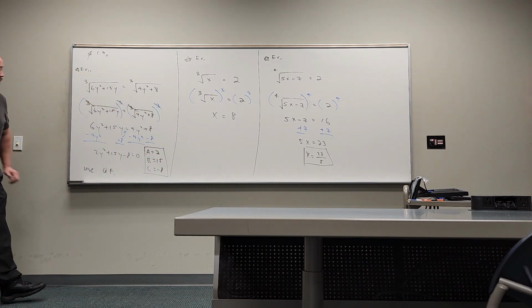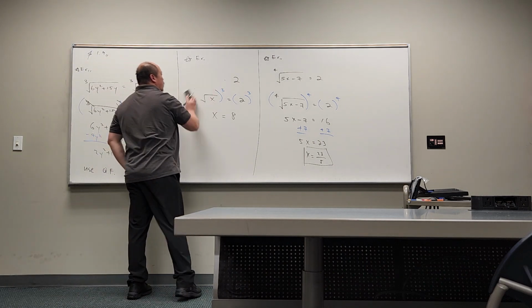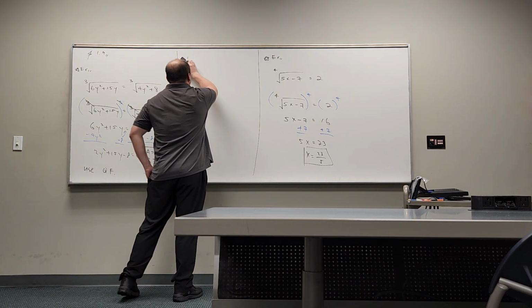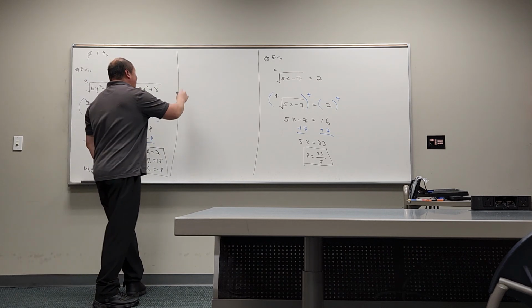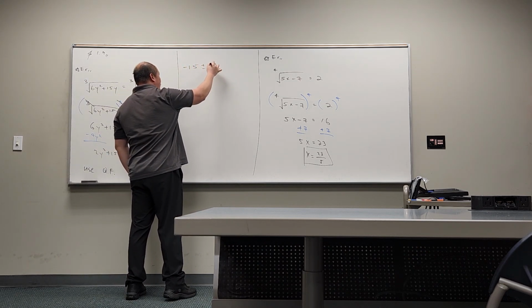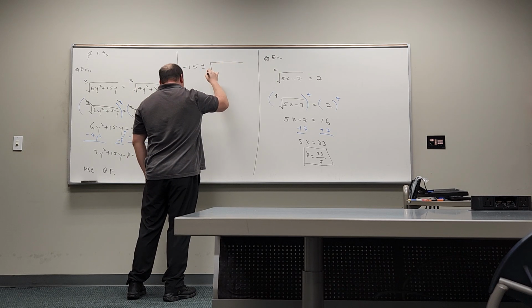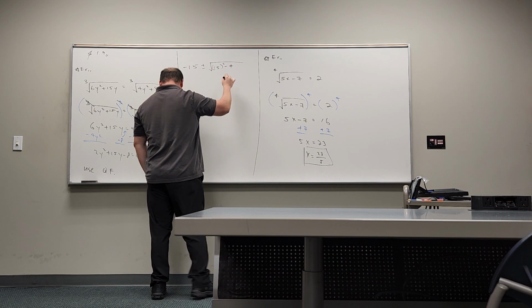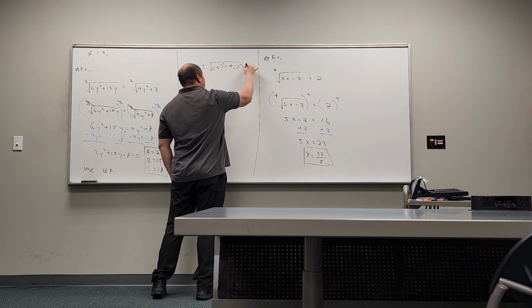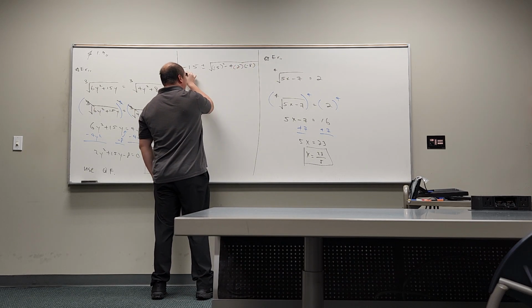The answer is going to be, let me write this down, -15 plus or minus the square root of 15 squared minus 4AC, over 2A.